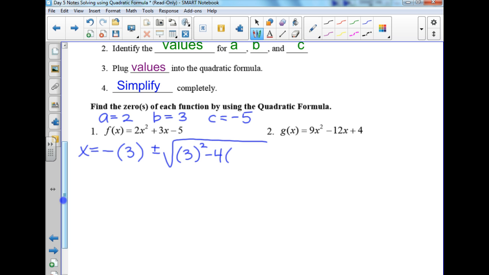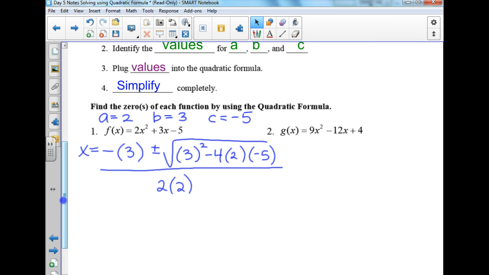-4 times a, which is 2, times c, which is -5, all over 2a. So when you plug this in your calculator, you can't just put the whole thing in your calculator. And I don't want you to put the square root in your calculator.